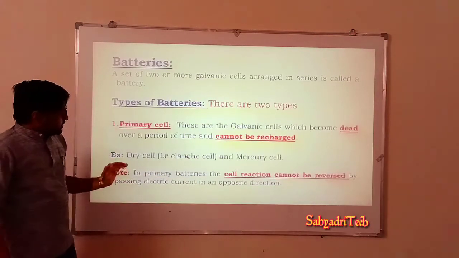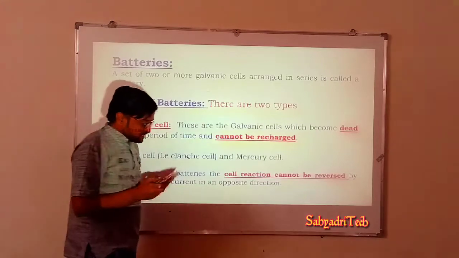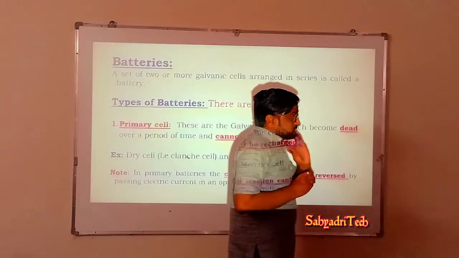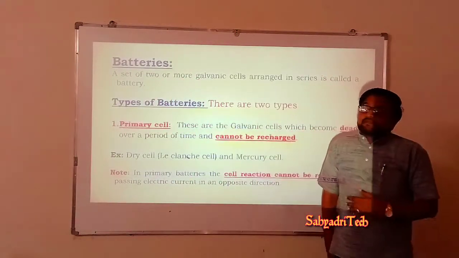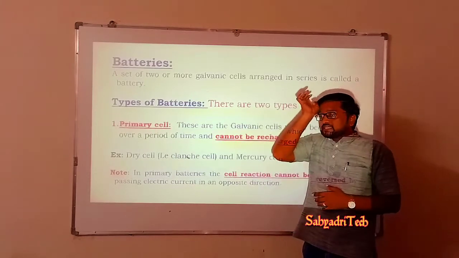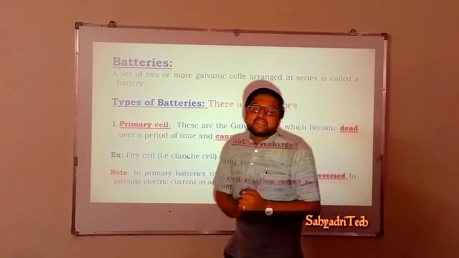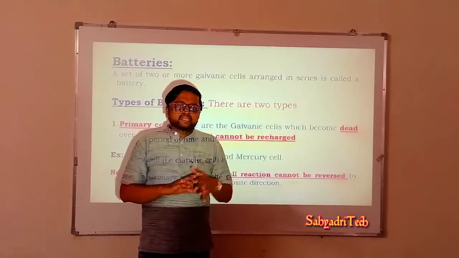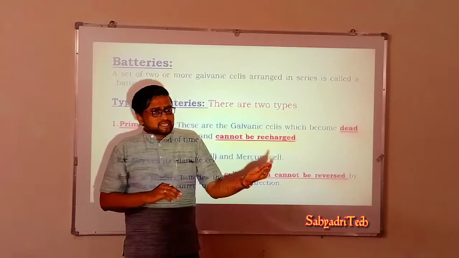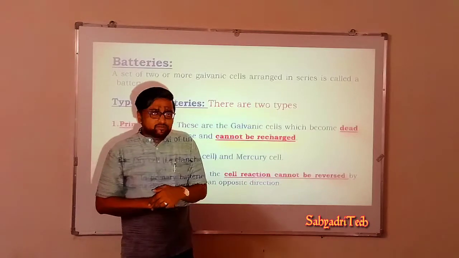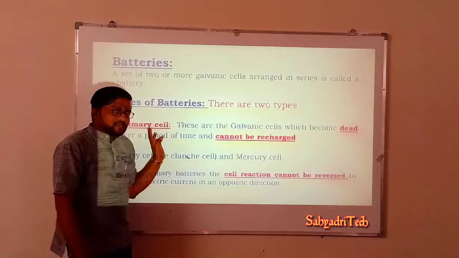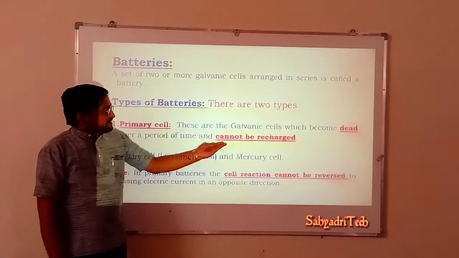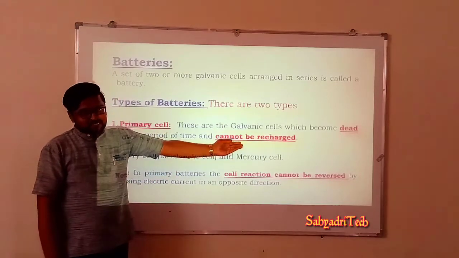Therefore, if the cell reaction cannot be reversed, over a period of time, what happens in these primary batteries? The reaction is going to attain equilibrium. Once the reaction attains equilibrium, it cannot be reversed. Therefore, they are used only once in their lifetime and they cannot be recharged.